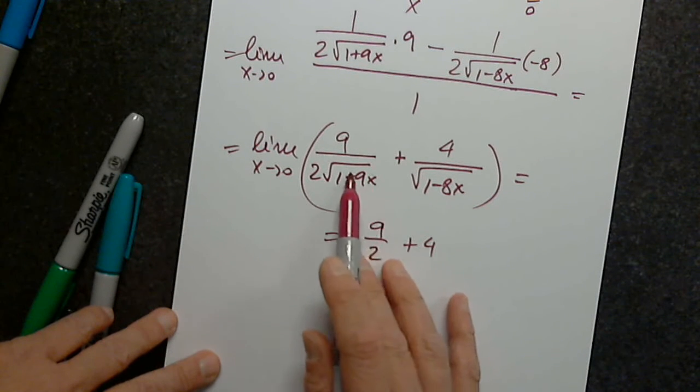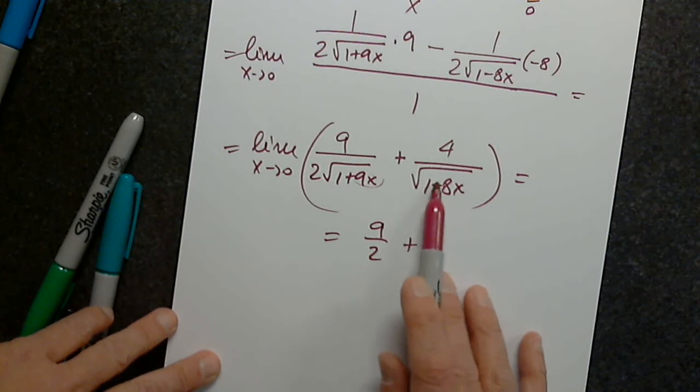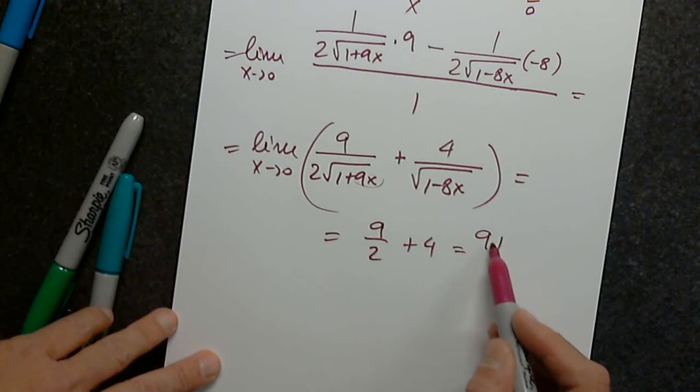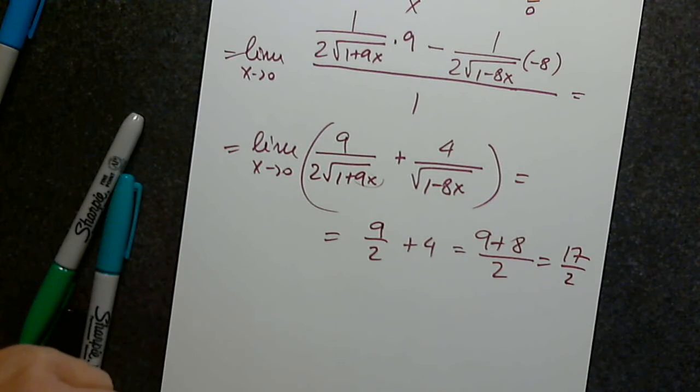Because when x approaches 0, this is 0. So this is 9 over 2. And when x approaches 0, this is 0, and this is 4. So perfectly all right. It works. I just did not apply L'Hopital's rule because the other method seemed to be more straightforward.